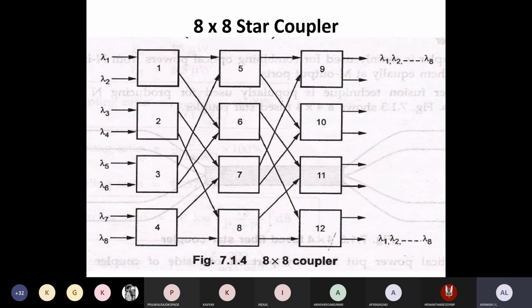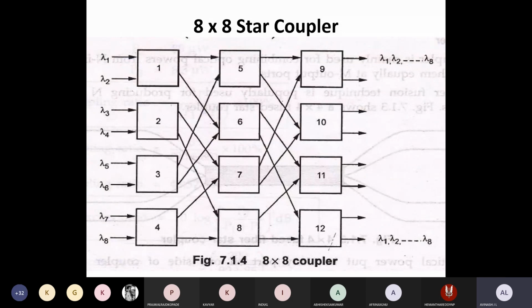In the 8x8 star coupler, the signals lambda 1 to lambda 8 at the input side are mixed and come out at the output. For every output, you can see that lambda 1 to lambda 8 signals are clubbed together, combined together, and we get them as the output.